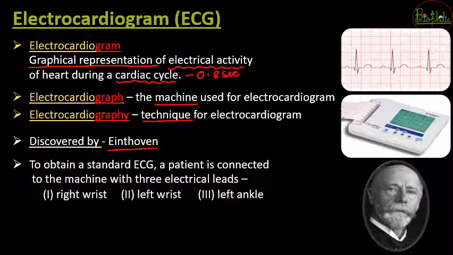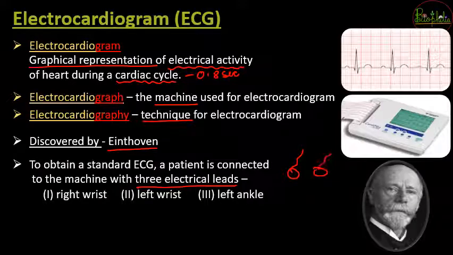Now for this ECG, when a patient goes into a hospital or clinic, how is the ECG recorded? The patient is connected through three electrical leads. You must have seen these three little pads connected to wires, which are stuck onto three places on your body: the right wrist, left wrist and the left ankle.